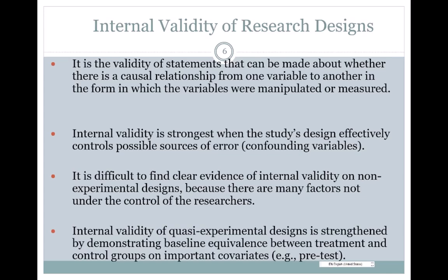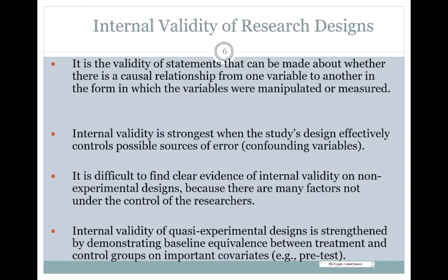Because there is random assignment, there is no selection bias. Now, for non-experimental designs, there could be many factors that are related to the participants selecting the treatment and also related to the outcome. And in quasi-experimental designs, by demonstrating that there is baseline equivalence, you provide the evidence of internal validity.